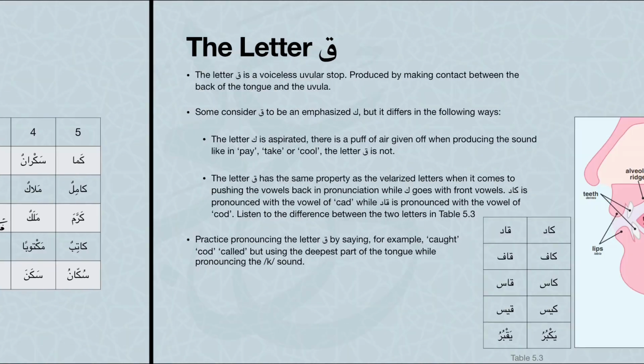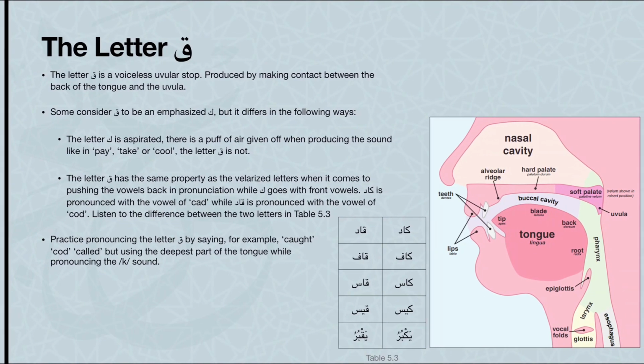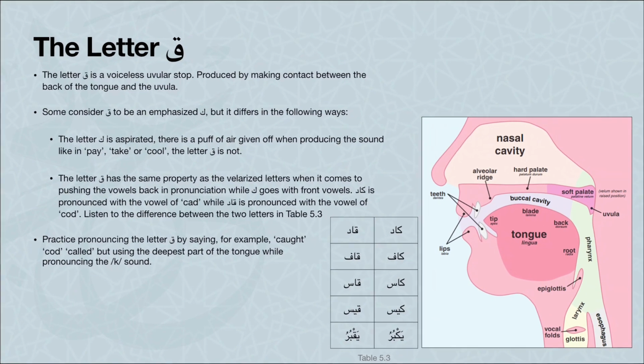Now we're going to jump to the big one, the big boy, the letter qaf. Qaf is, as the other two letters we've learned, the sad and the ta, also one where before I start explaining it, we start with the definition and take it step by step. So the letter qaf is voiceless. So what is voiceless?